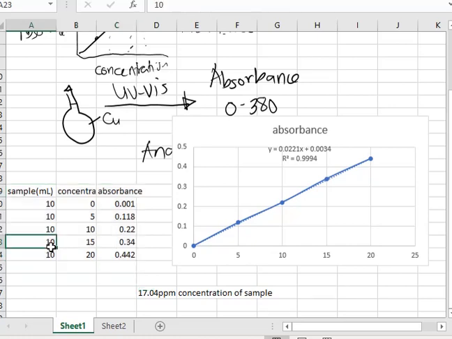The advantage of this is that your standards will have almost the same matrix as your sample, because whatever constituents are in your sample will also be present in your standard, right? Because you added 10 ml of the sample.